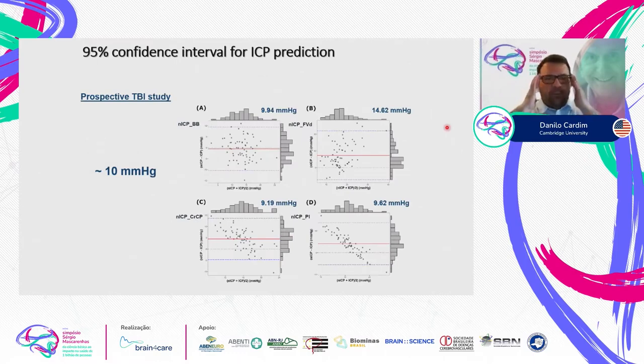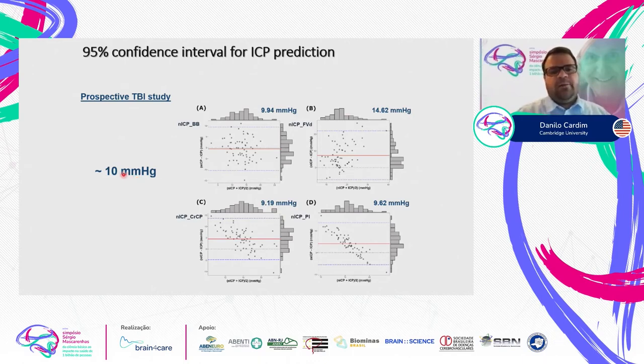So here, for example, we have Bland-Altman plots that provide us with the 95% confidence interval for prediction for all of these methods I talked about. And overall, we can see that they present with plus minus 10 millimeters of mercury of error in the measurement compared to invasive ICP.